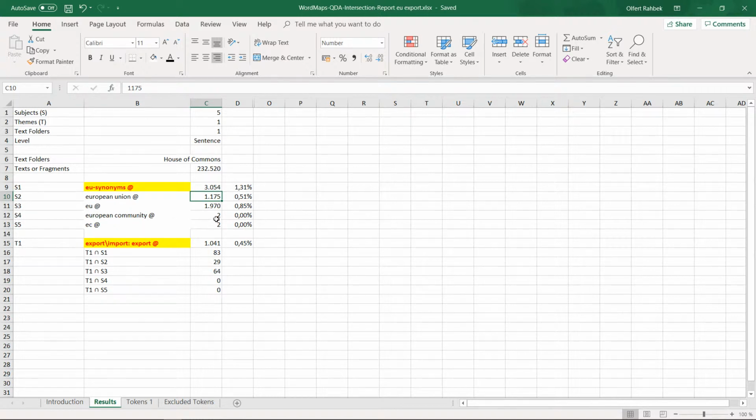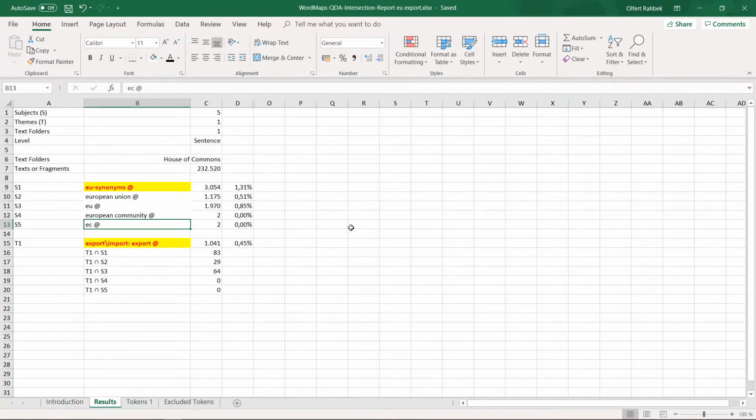Number 3 and 4 on a split third place is the mention of European Community or the EC. So we can see that the addition we made to our topic model, including EC, did not make a lot of a difference. We only get another 2 occurrences. However, now we are sure that we have been thorough, so we know that we don't have any information missing out of our criterion.